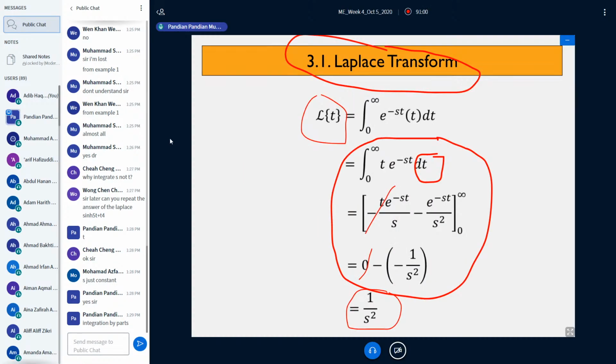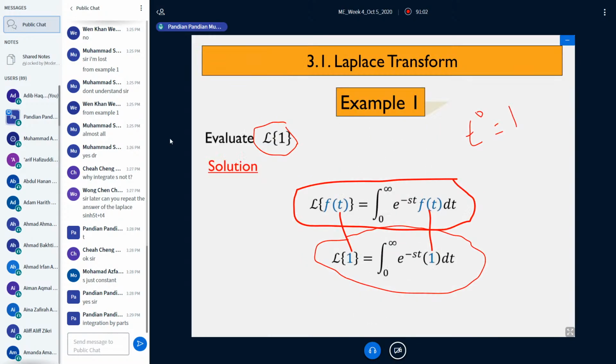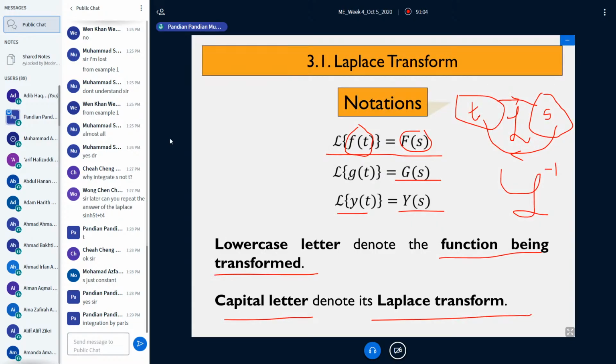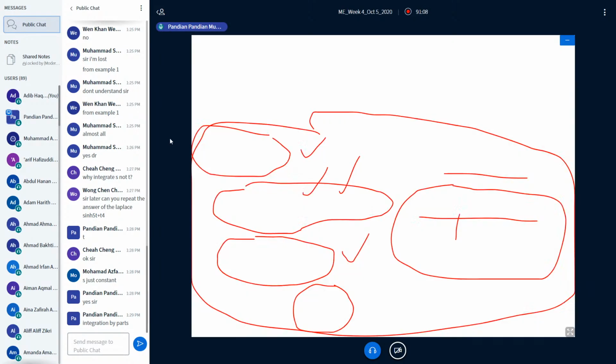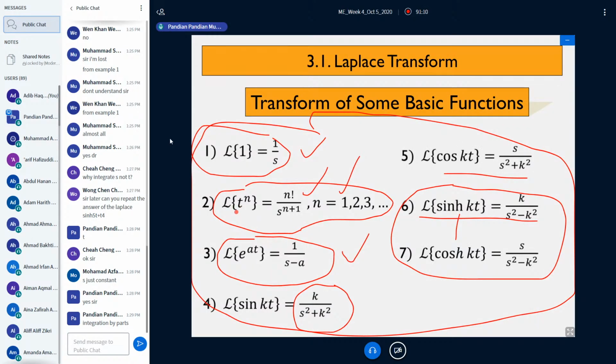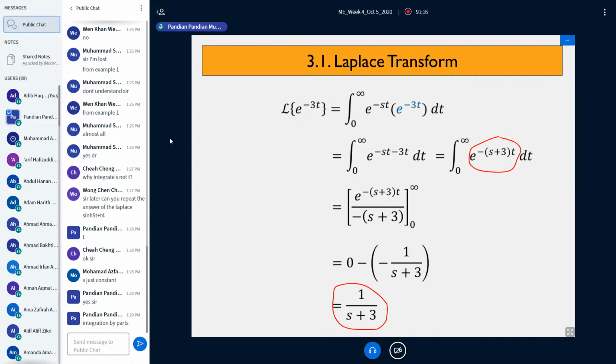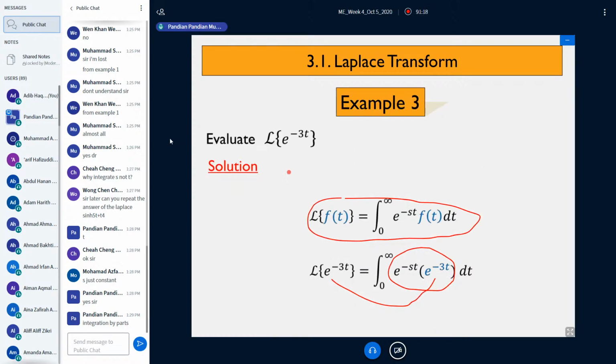So, Laplace of t, we already created the table. This one, Laplace of t is 1 over s squared. But we want to try Laplace of e power minus 3t.